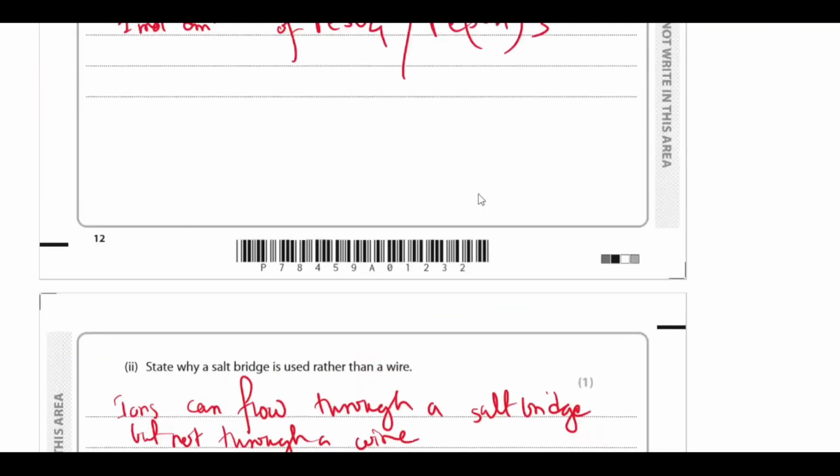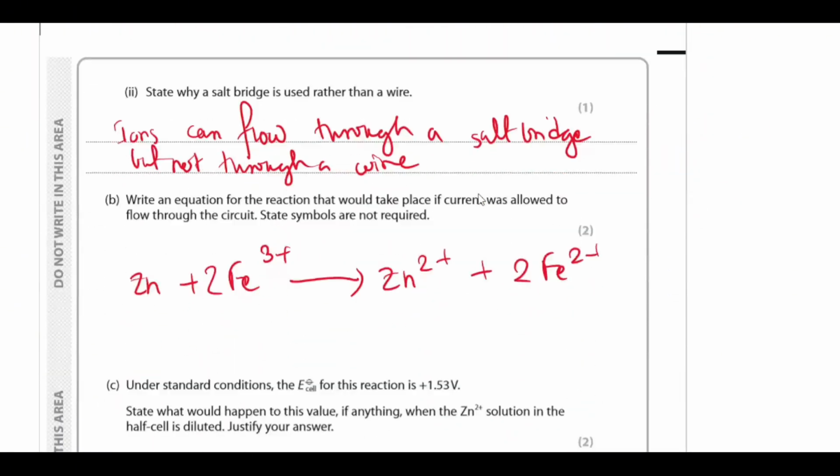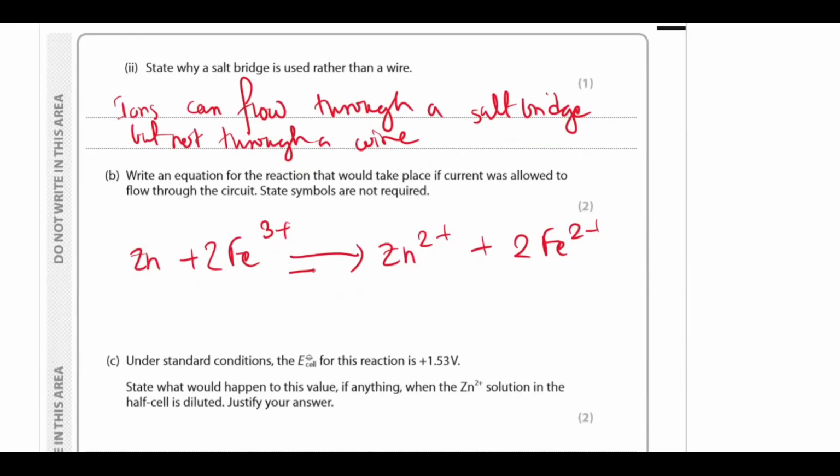If the concentration decreases, this is an equilibrium reaction, so the equilibrium is going to move to the left hand side. Sorry, I think I made a mistake. If the Zn2 plus is diluted, the concentration in this part decreases, so the equilibrium is going to shift to the right.